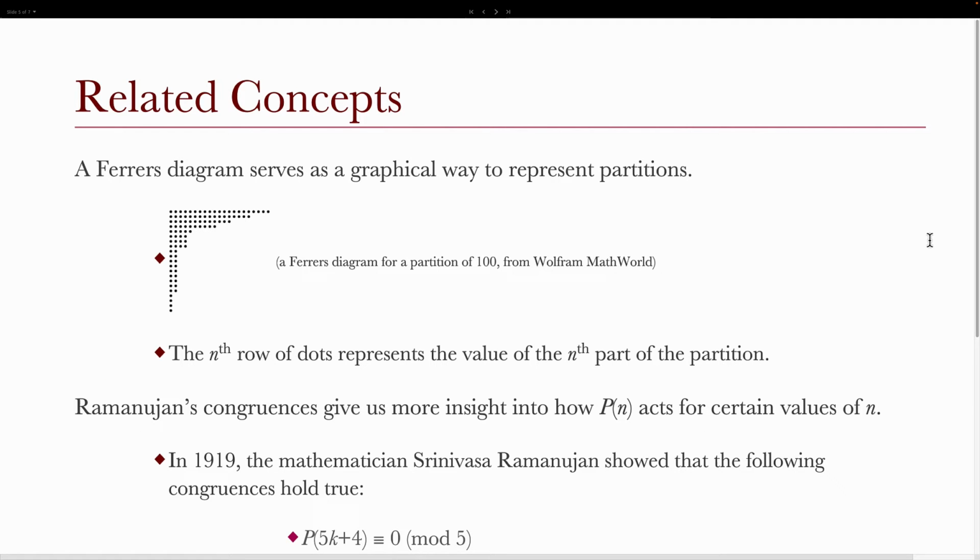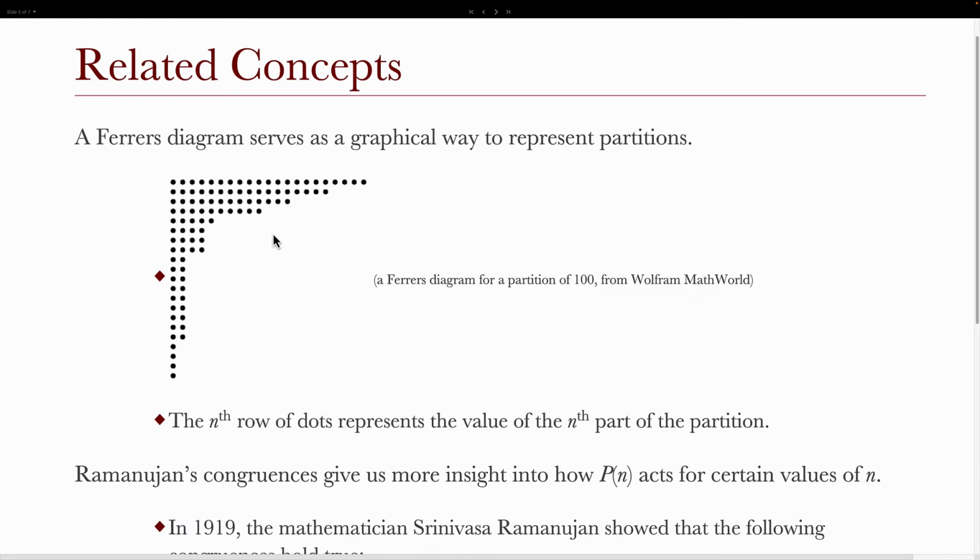Outside of our computational tools, we also have ways to graphically visualize different partitions. For example, here we have a Ferrers diagram for a partition of 100, which I got from Wolfram MathWorld. The way you read these is that the nth row of dots represents the value of the nth part of a given partition.